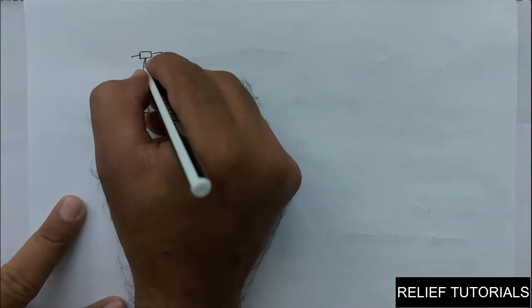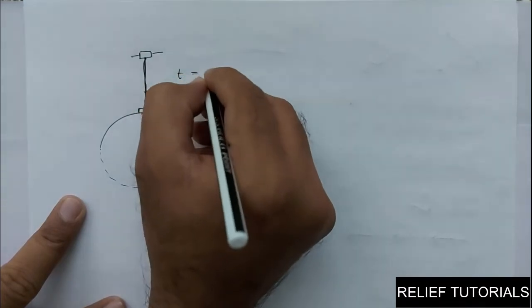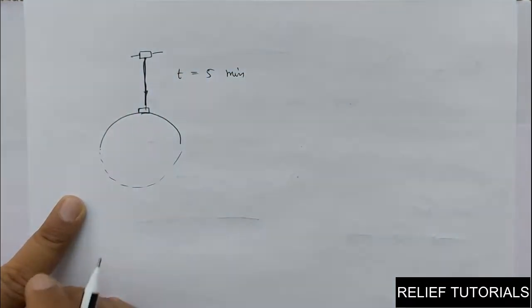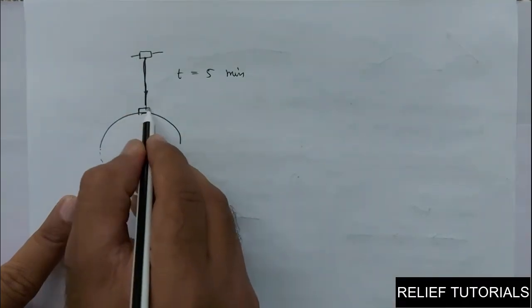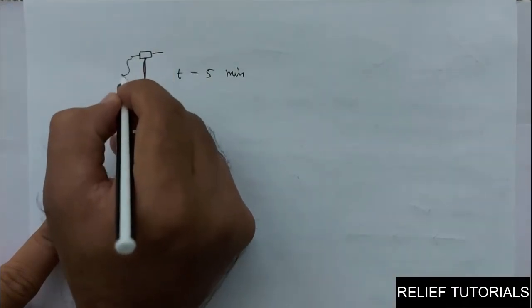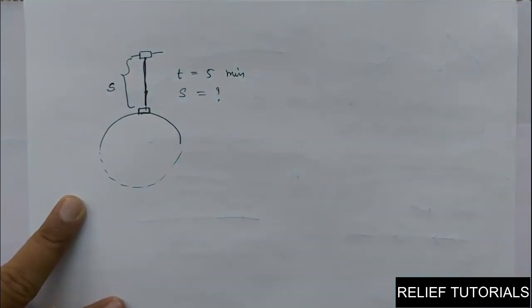So the time required to travel this distance is 5 minutes. Now the question is, what was the distance of the ground station from the spaceship? This distance we have to find.